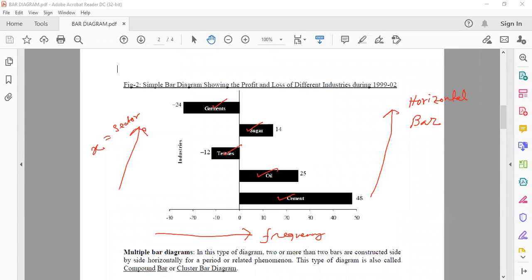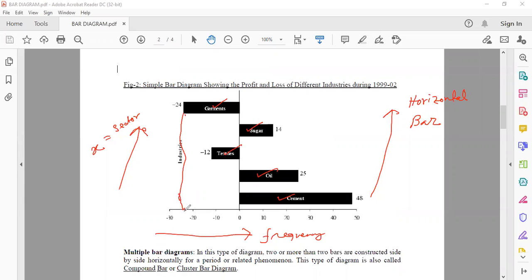Okay. And since there are some negative values, like minus 12 lakh for the textile industry's loss, we represent it like this: 12, minus 24 like this. Again, we use freehand drawing. So maybe minus 24, 24 মানে এইখানটা আসবে, something like here.